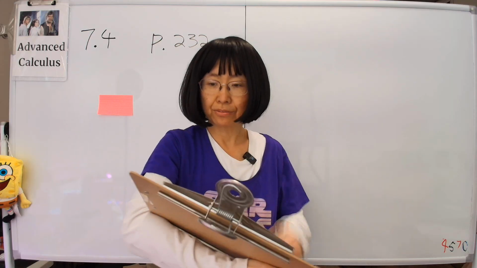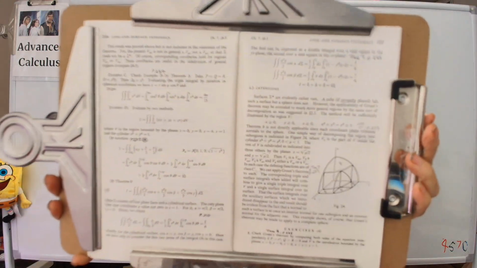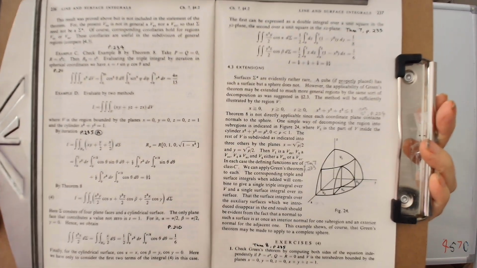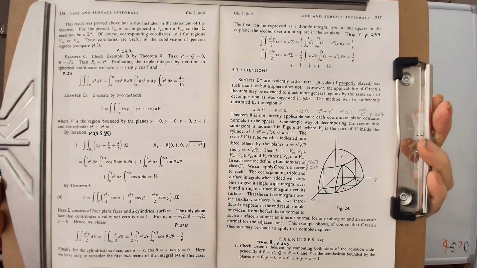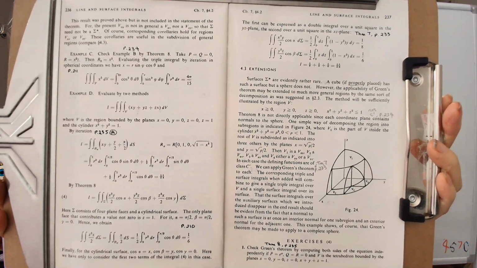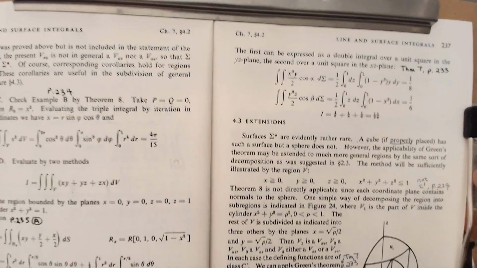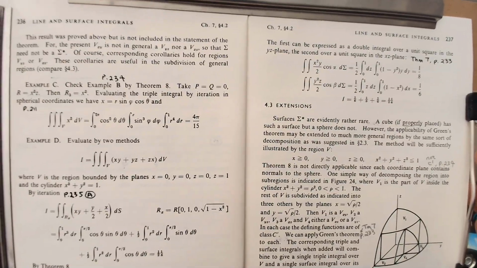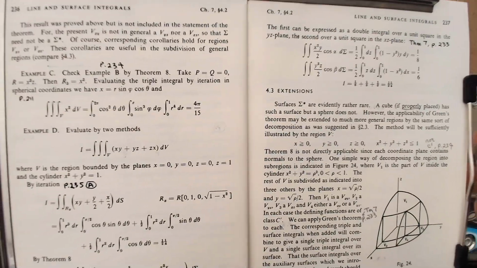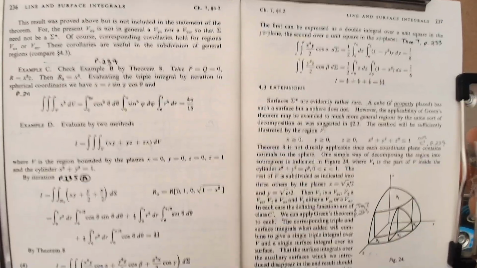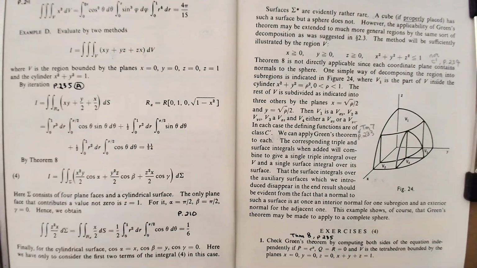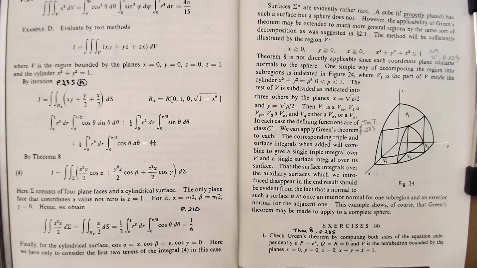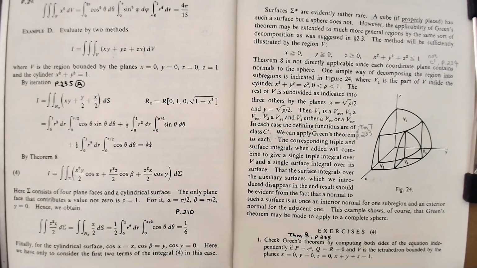Next, page 236 and 237. Let's see. Here we go. Okay, and then a bit closer on the top. And then on the bottom. All right.